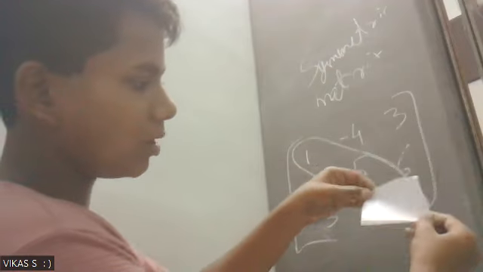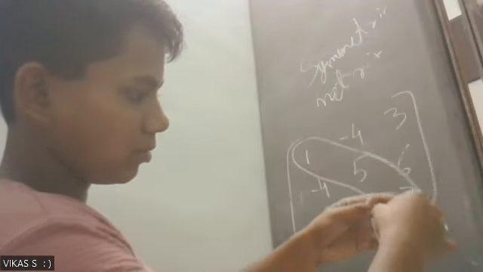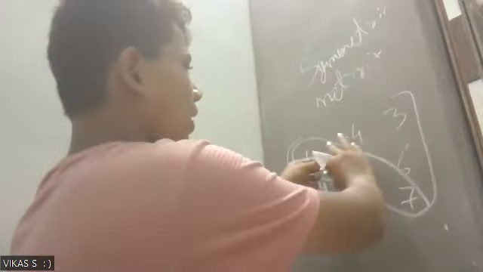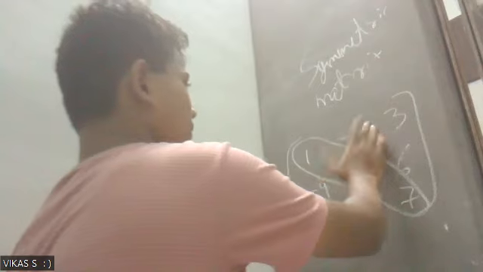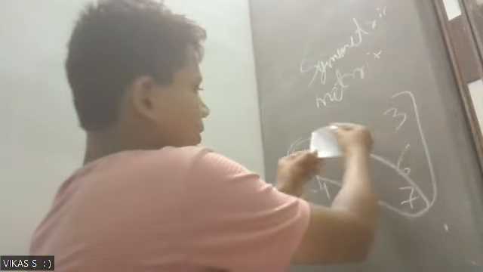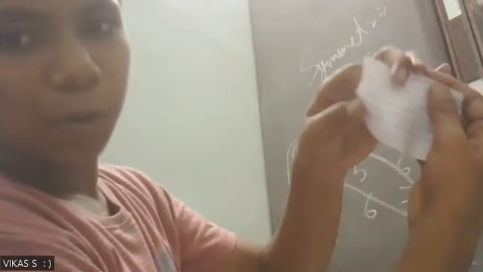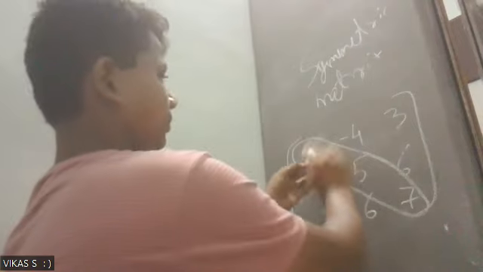If I fold this on the principal axis, so this is a page and I fold it. Here is 4, here is 4. They fall on each other like this.